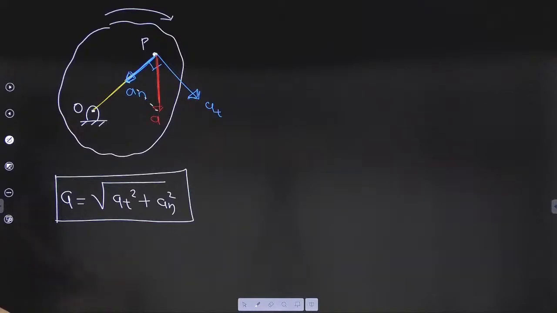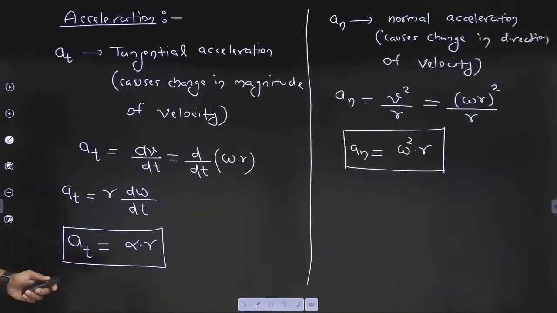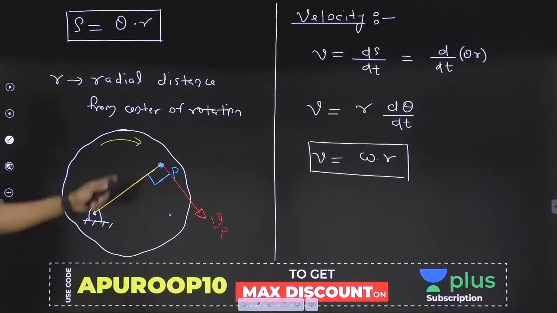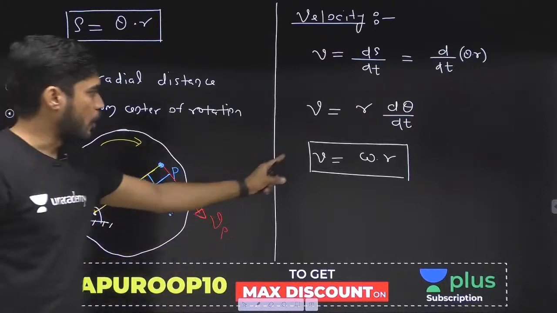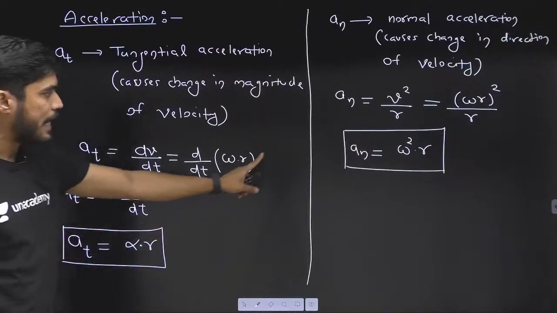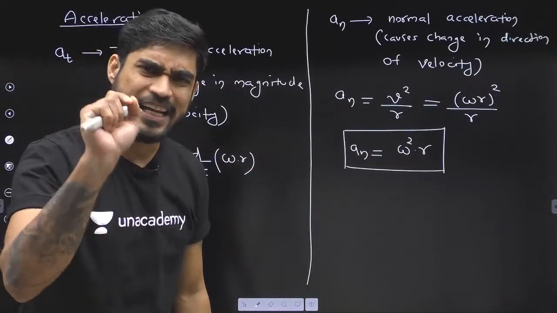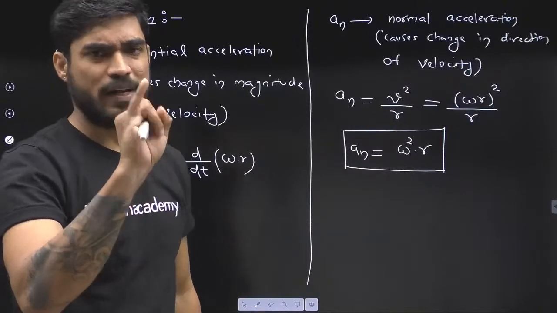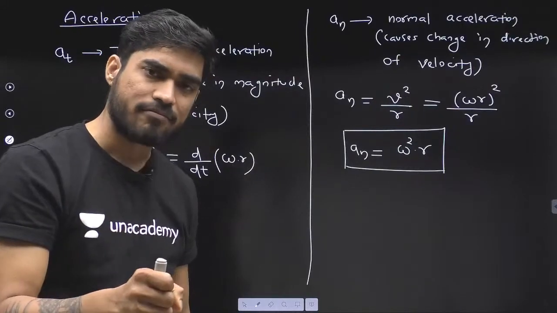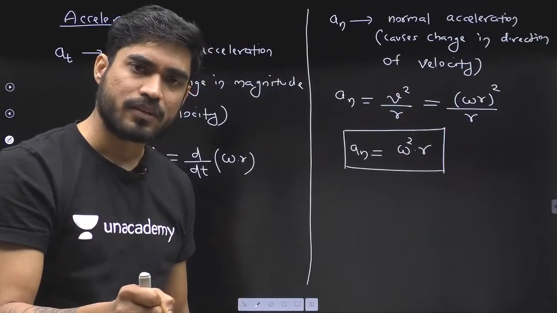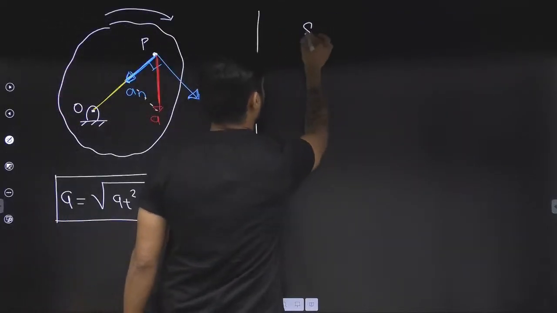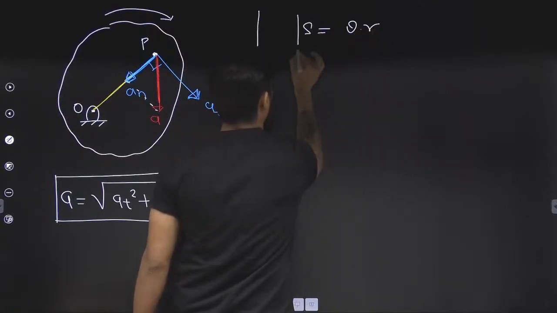So is it clear to you? Beta, how to find displacement, velocity and acceleration? Displacement is theta into r, velocity is omega into r, acceleration has two components, alpha into r and omega square into r. So beta, in order to find linear displacement, linear velocity and linear acceleration, I need theta, I need omega, I need alpha, right? In order to find linear displacement S, we need theta.